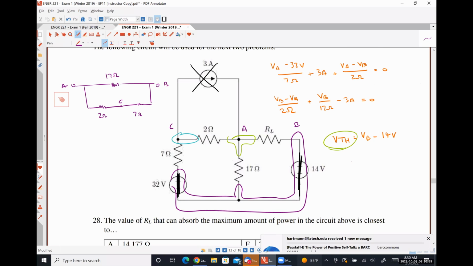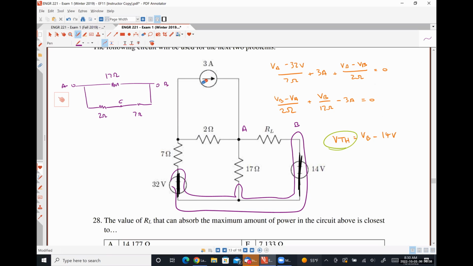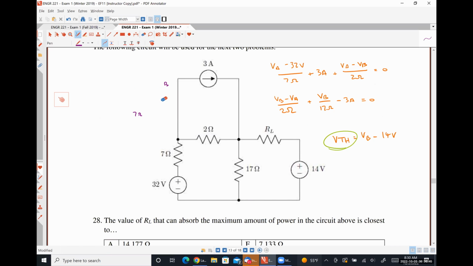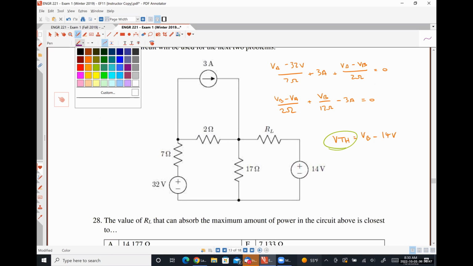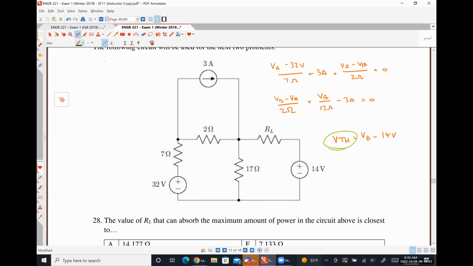Okay, so let me erase some of this stuff right here. I'm calling this node VA.